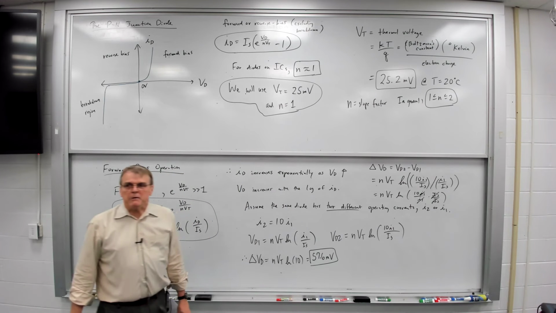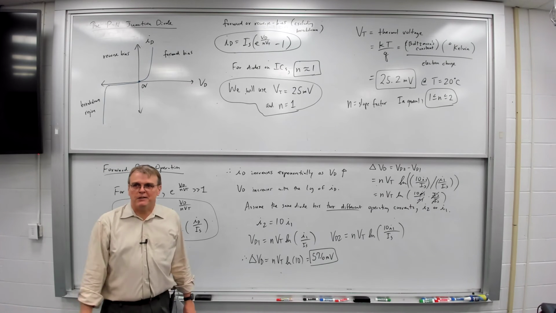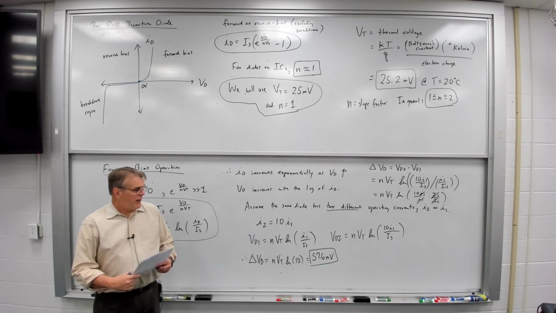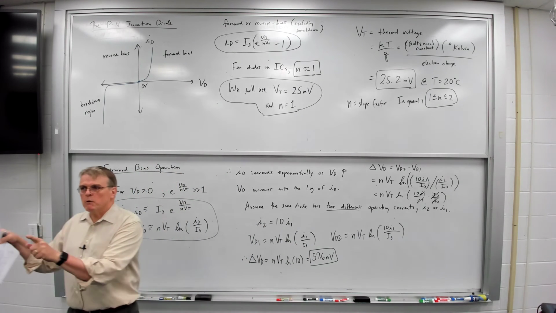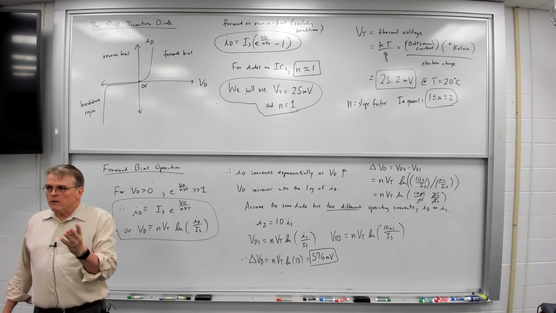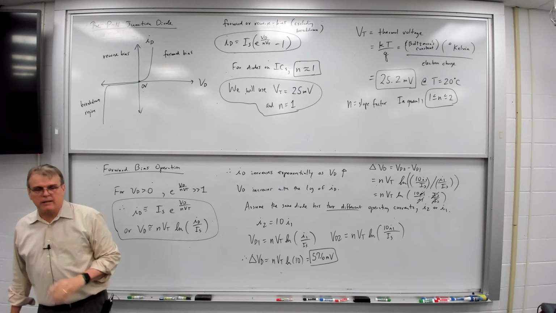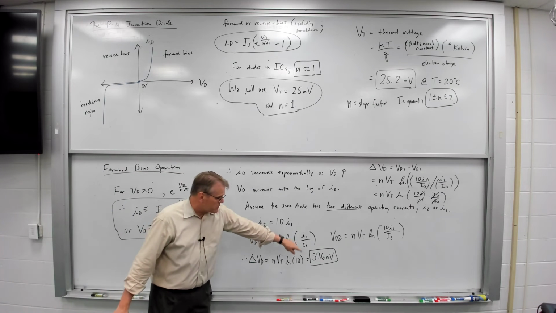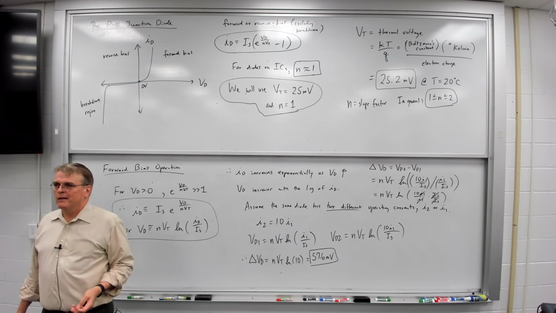Now notice something interesting about this result. I did not tell you what I1 was equal to. I just assumed that the current was 10 times larger for I2 than I1. What this tells you is if you put two currents through a PN diode, regardless of their magnitudes, as long as one is 10 times larger than the other, the difference in the voltage is going to be 57.6 millivolts, regardless of the starting current.